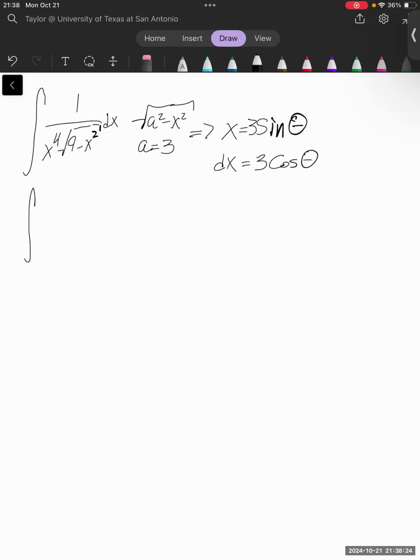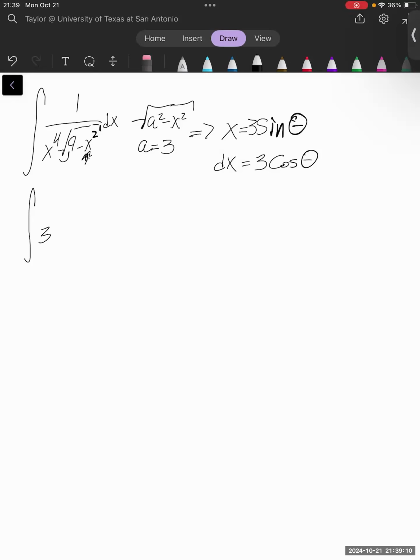So first thing that I can do to simplify is pull this out. Real quick, not to skip too many steps, but again, similar to the last example, once we substitute in x, we're going to have two factors of 9, which I'll be able to pull out a 3.